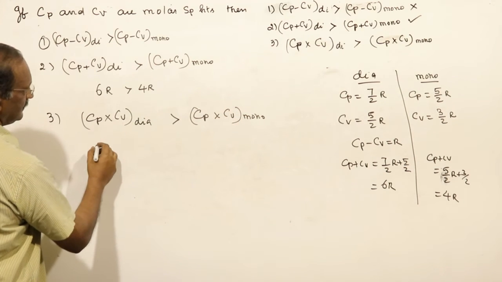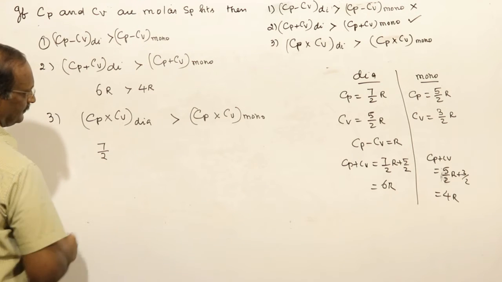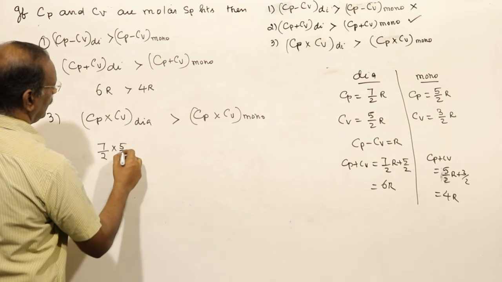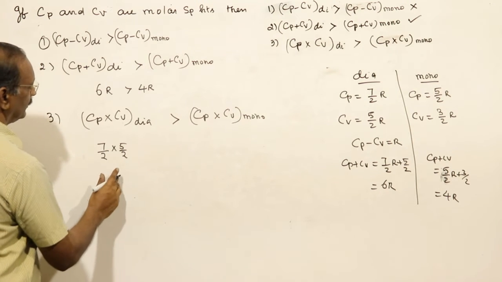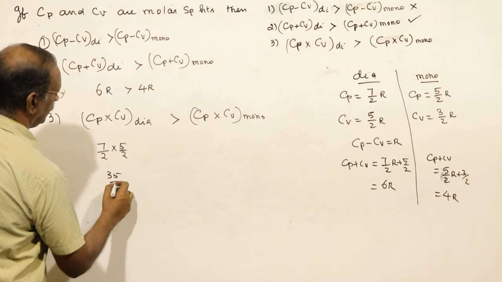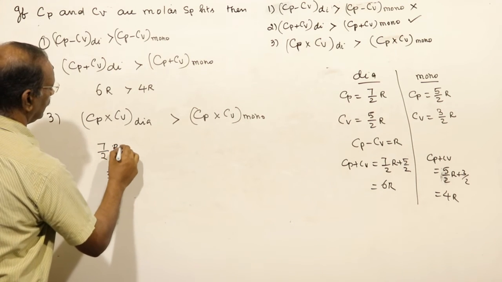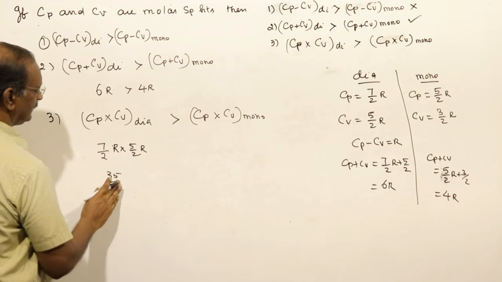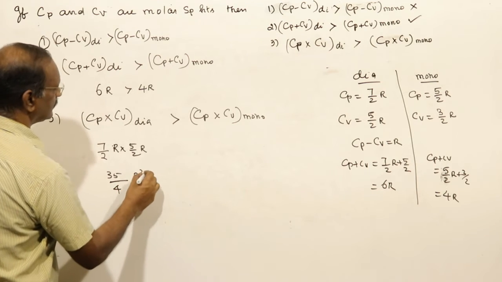Cp into Cv for diatomic is equal to 7 by 2 R into 5 by 2 R, which is 35 by 4 R square.